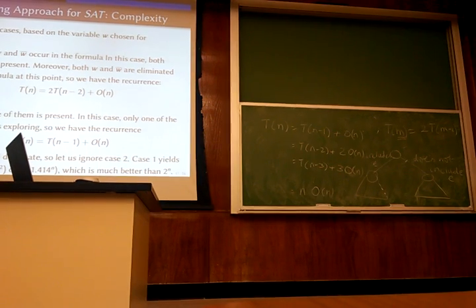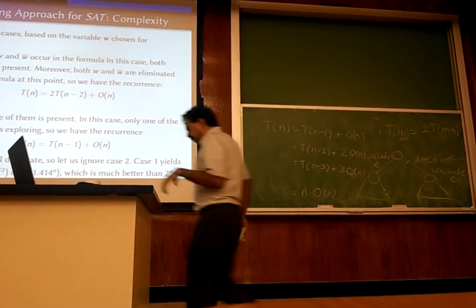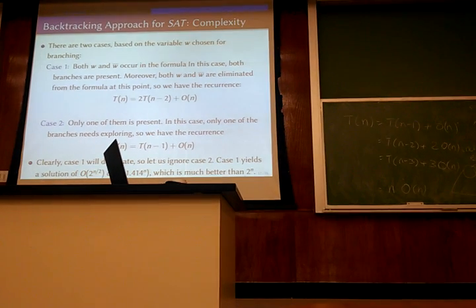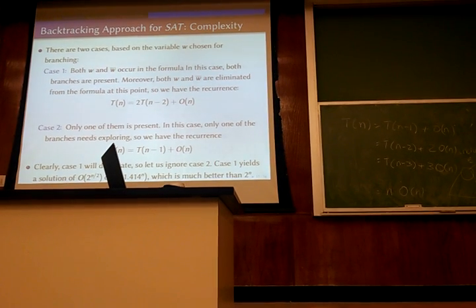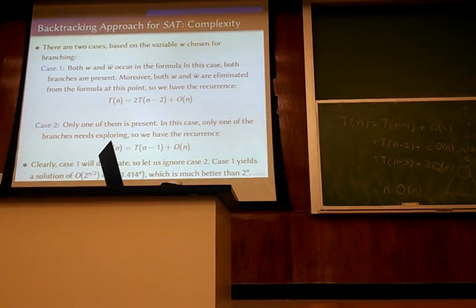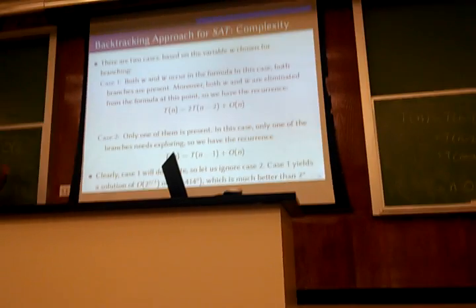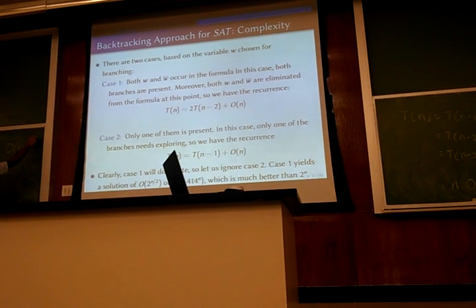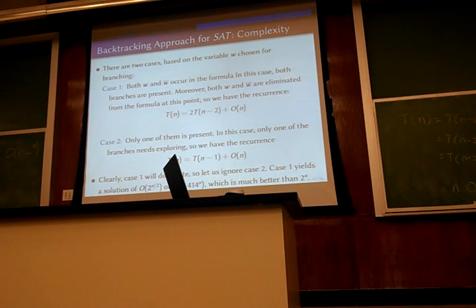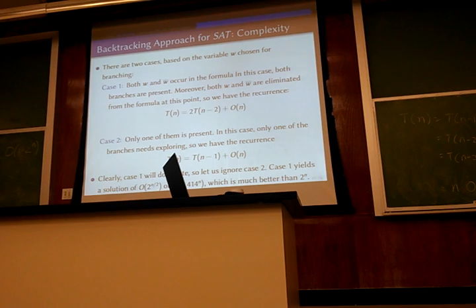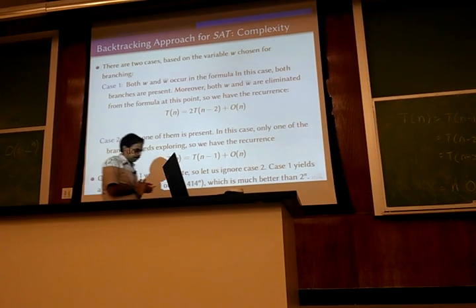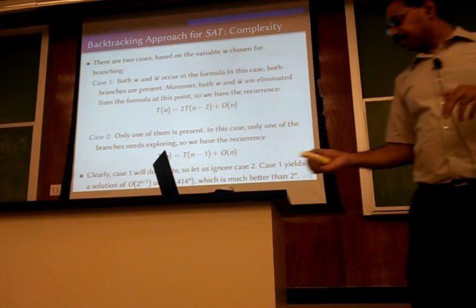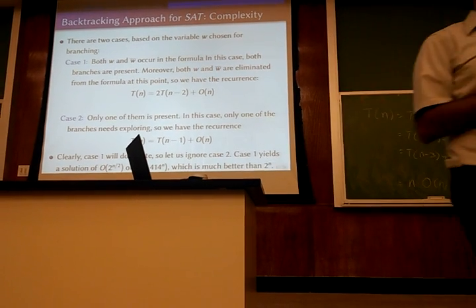And I believe that the best known algorithms are something like O of 1.2 to the power n. I believe these are the best known satisfiability algorithms out there, and there is no reason to believe it cannot be improved.